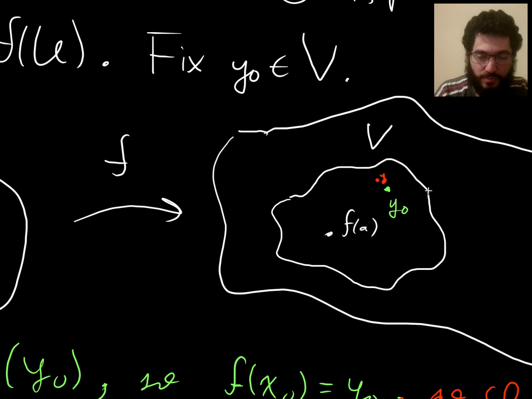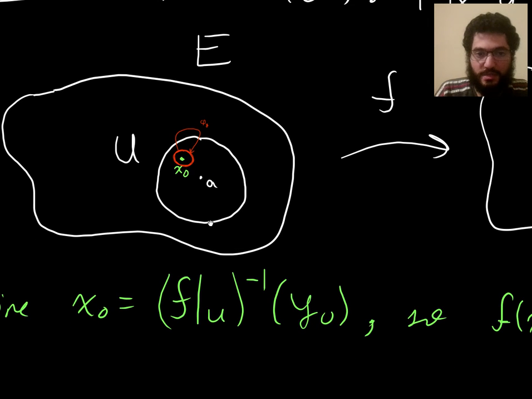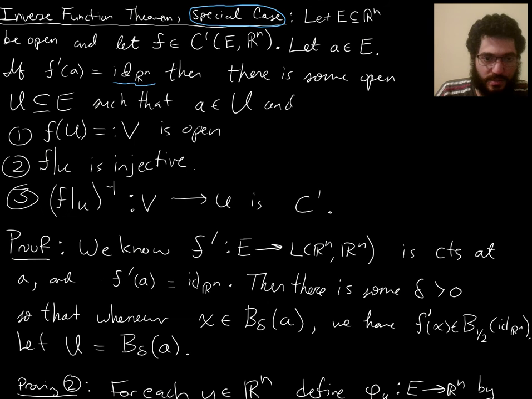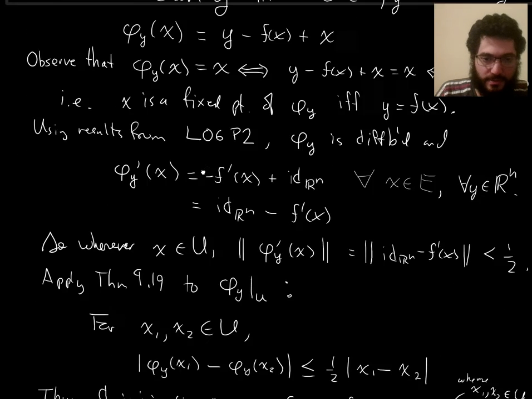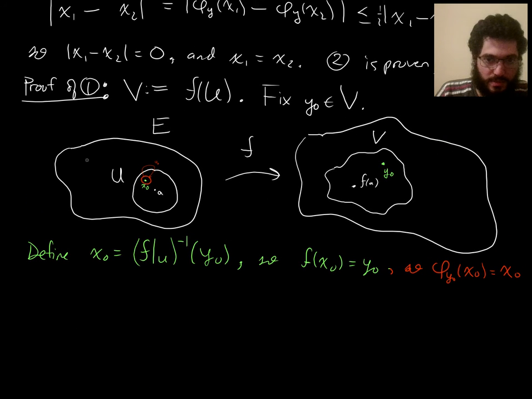And we're going to apply the contraction mapping theorem to phi sub y. But to get this to work, we're going to need to make a ball centered at x naught that is small enough that even its closure is inside U. Okay, so let's see how this pans out. This thing that I wrote in red is true, but I don't know how helpful that is.